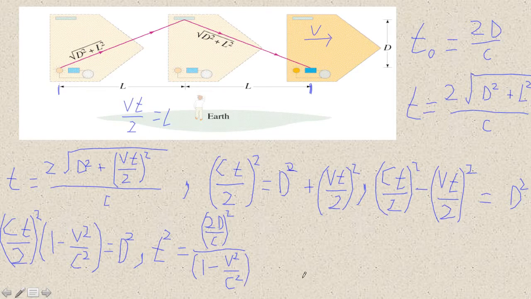It's going very slowly. Now if you look at this, do you see that 2d over c, that's just the proper time squared in the numerator, right?